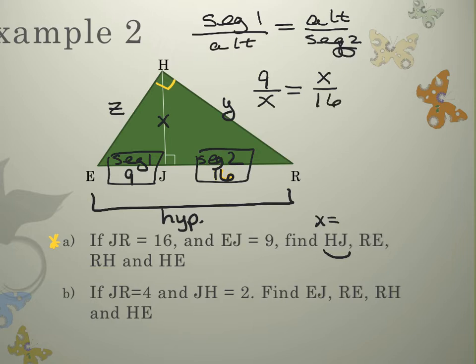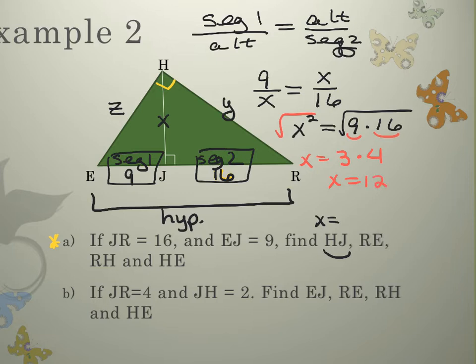I'm now going to solve this proportion. x times x is x squared. Now I can either choose to multiply this or simplify it before I multiply. If you realize that 9 is a perfect square and so is 16, you could take the square root of 9 and the square root of 16, and x is equal to 12.